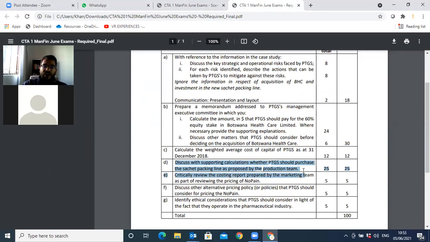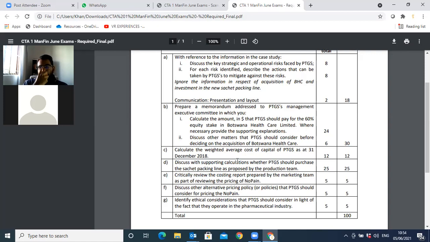They didn't say calculate, they said discuss with calculation. That means your main point is a discussion, but most likely you're going to have to do a detailed calculation. When we read the scenario, we will see whether we need to do a detailed calculation or not.